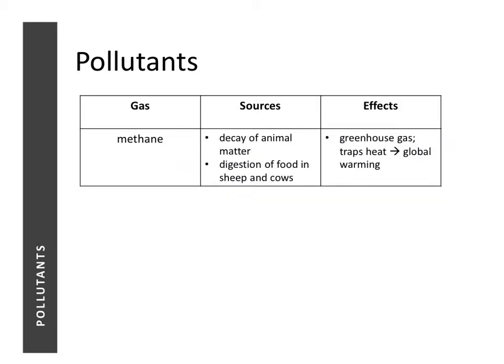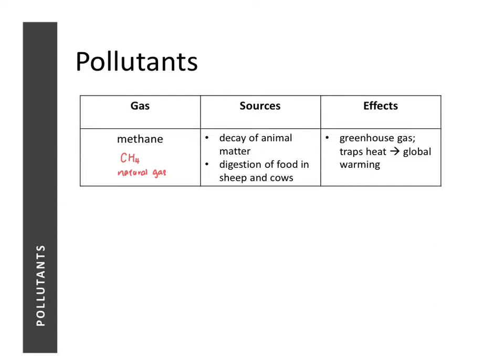The next gas would be methane. Methane has the chemical formula CH4. In fact, it has a common name called natural gas. So how is it formed? It is formed when there is decay of animal matter, and a very famous source is that when sheep and cows digest the grass that they have eaten, the gas that they release contains a lot of methane.